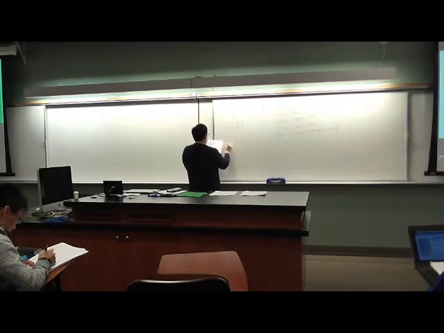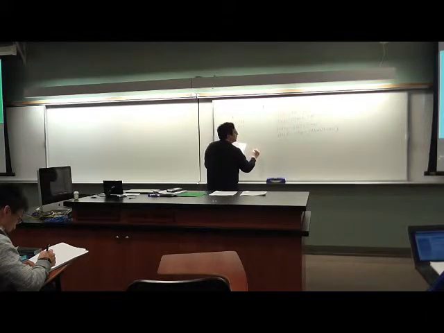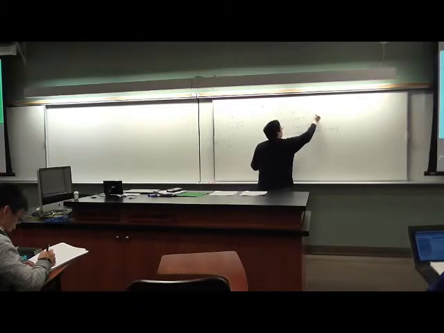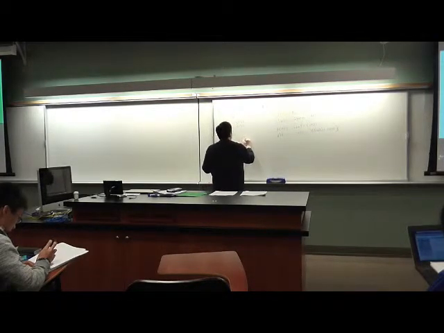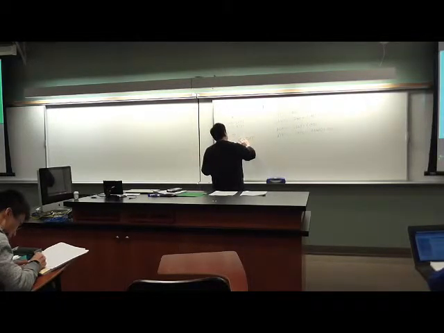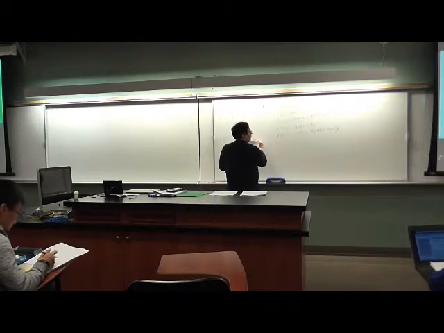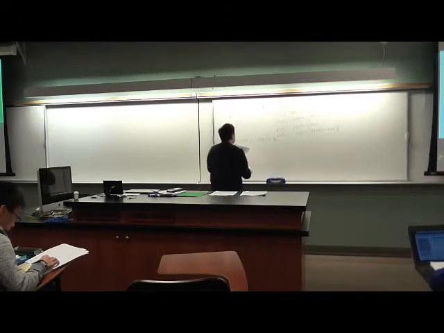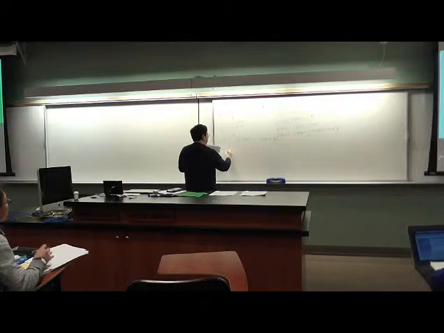So we end up with the integral from 0 to pi of the square root of t squared cosine squared t plus t squared sine squared t dt. Take out the t squareds.